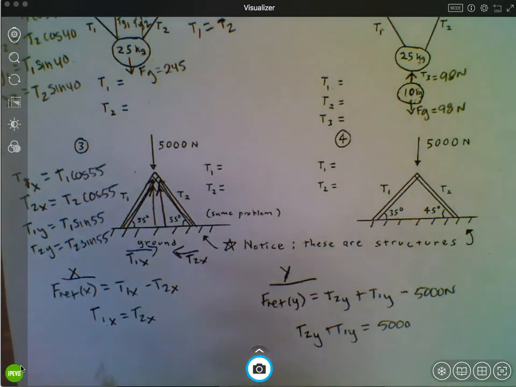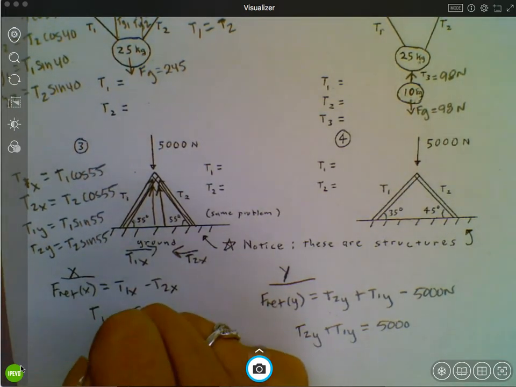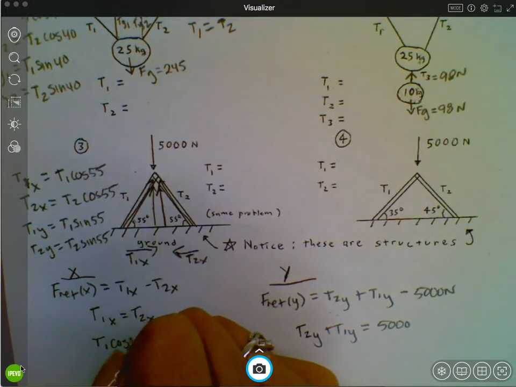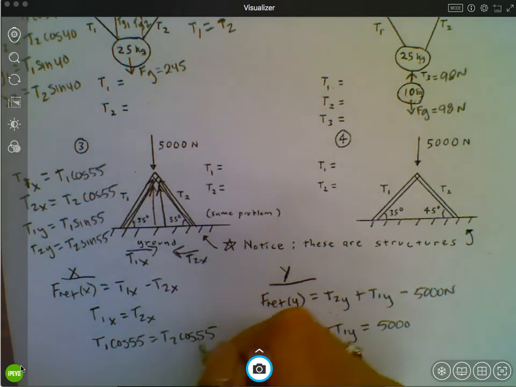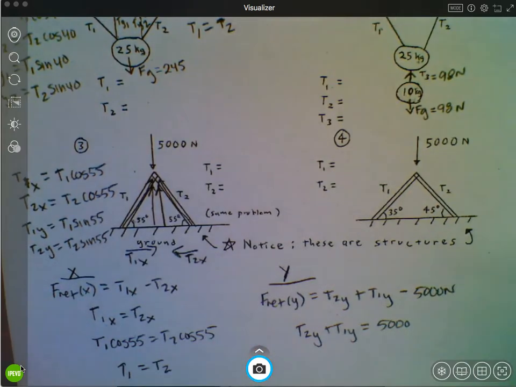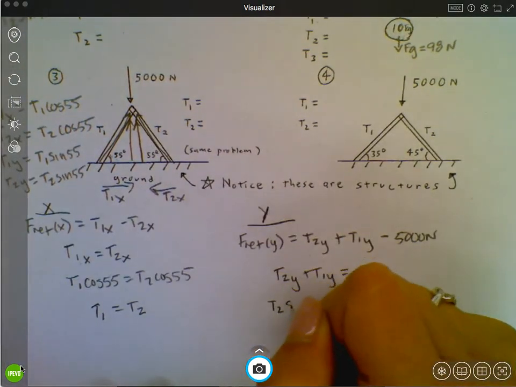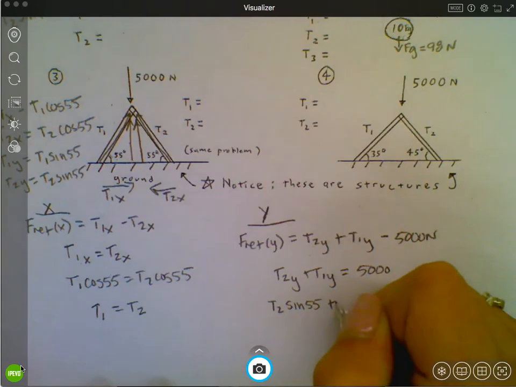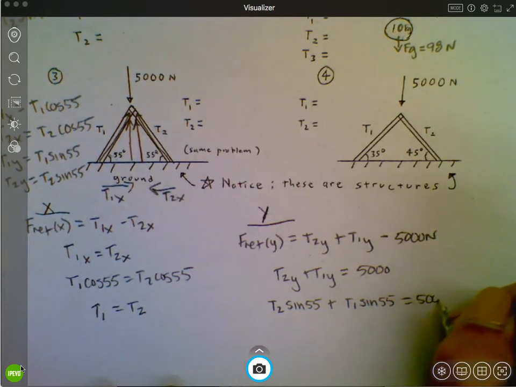You plug these in, and essentially because these angles are the same, what's going to happen is you're going to have T1 cos 55 equals T2 cos 55, the cosines are going to cancel and you're going to have T1 equals T2. Then in the y direction you have T2 sine 55 plus T1 sine 55 is 5,000.